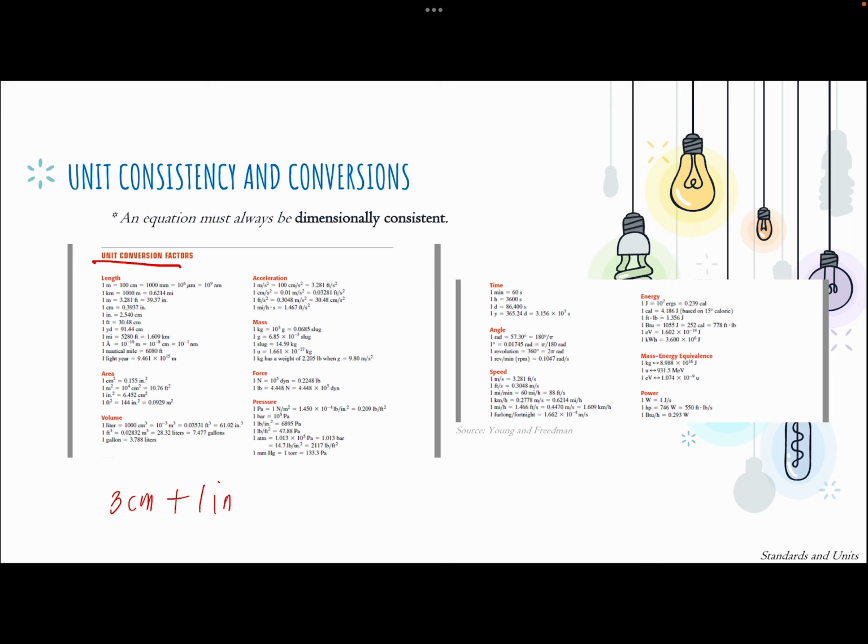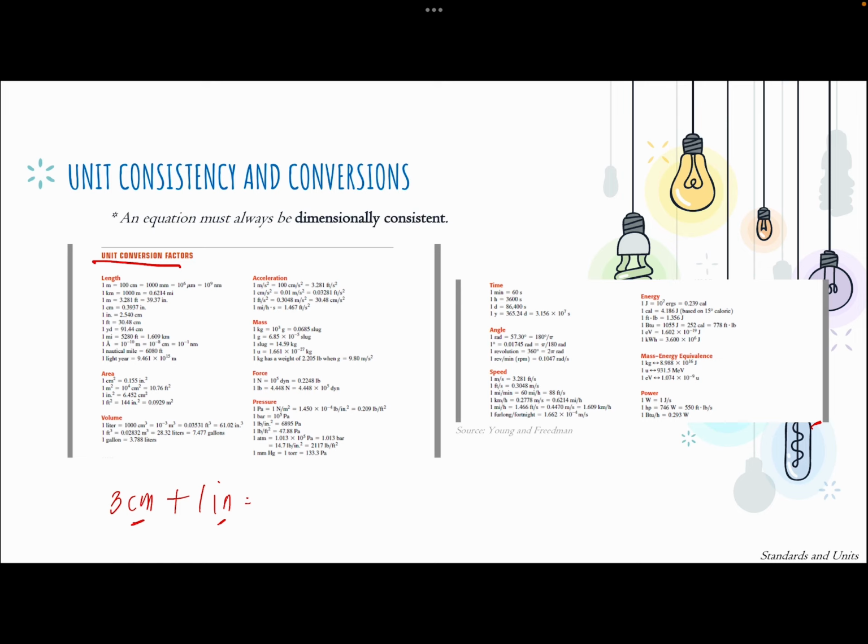Okay, so you review and master this because sa ayaw at sa gusto nyo, in engineering, gamit na gamit itong mga to. Okay? So, example. Ito, gusto nating pag-add. Hindi, ang gawin mo muna, either i-convert mo yung centimeters to inch or pwede namang yung inch yung i-convert mo sa centimeter.